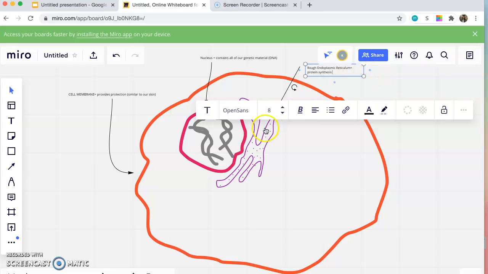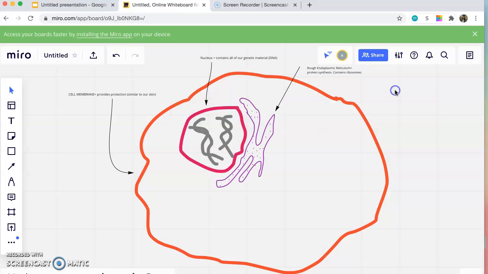The reason why it's rough is it contains these structures called ribosomes. Those ribosomes are what's actually responsible for that protein synthesis. So like I said, the rough endoplasmic reticulum contains the ribosomes, which are responsible for protein synthesis.